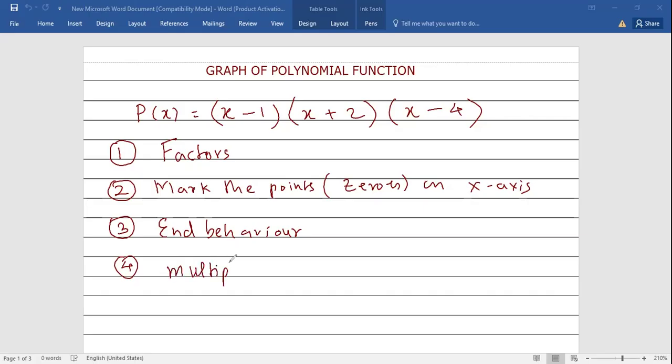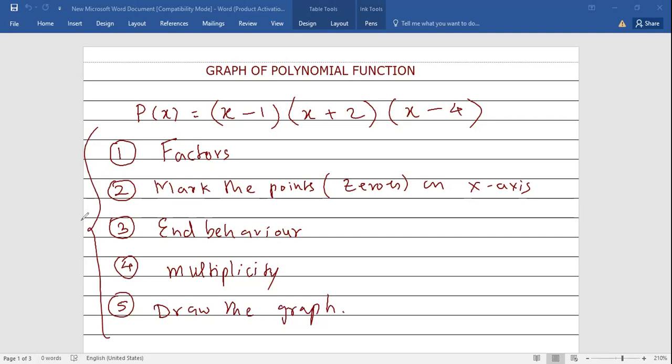That we will also see. And then starting from the left hand side, we will draw the graph. So let us see one by one all of this. First, let us look into end behavior, multiplicity, and then we will draw this graph.